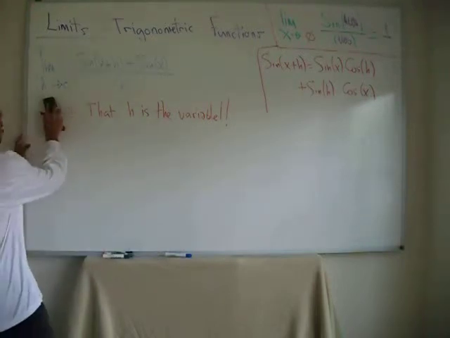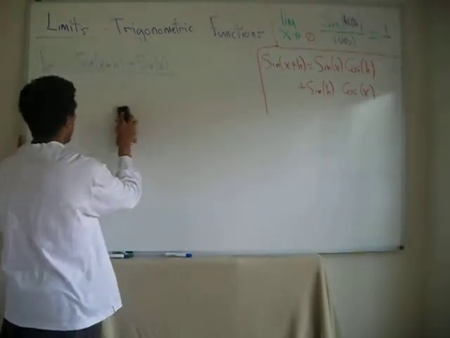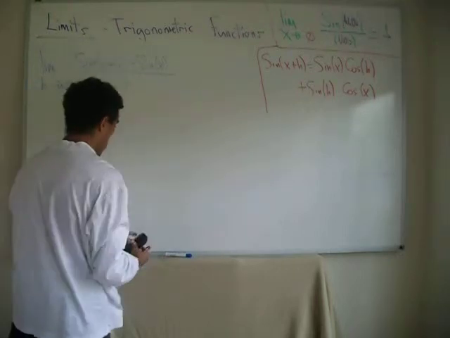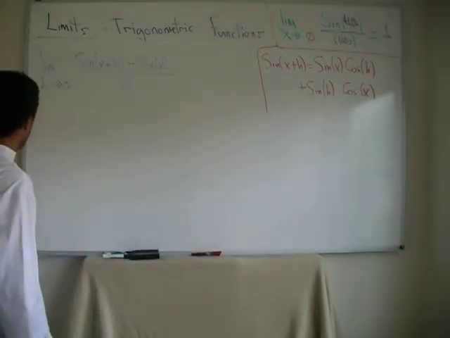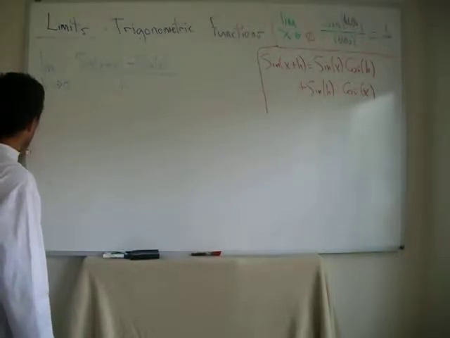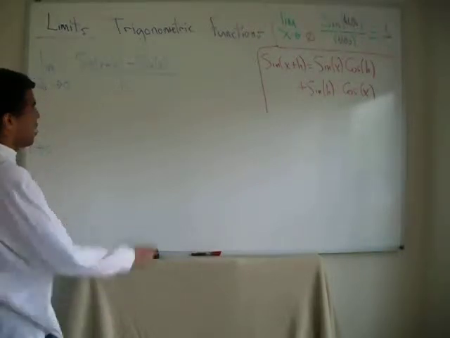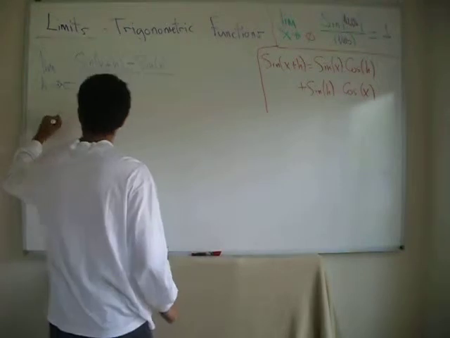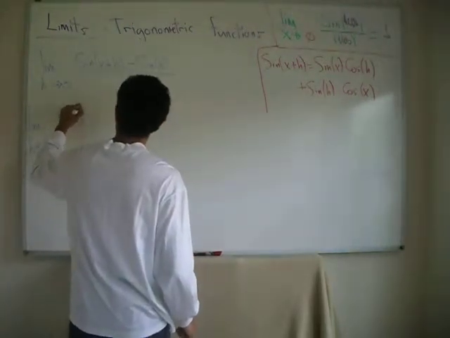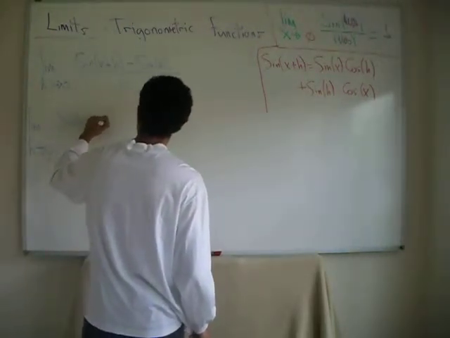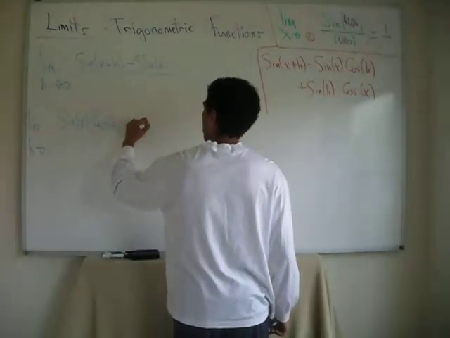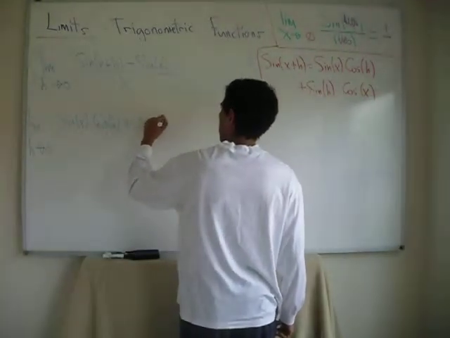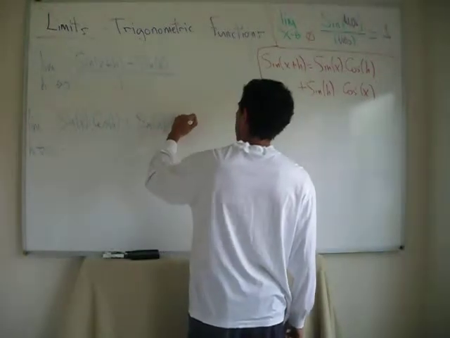So I'm going to expand the sin of an addition and make it look like that. So I'm going to have limit when h tends to 0 of the following: sin of x times cos of h plus sin of h times cos of x.